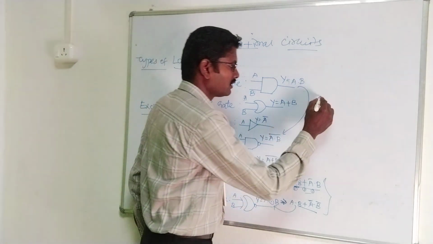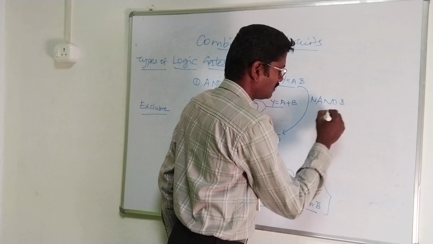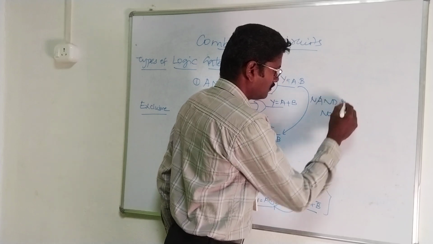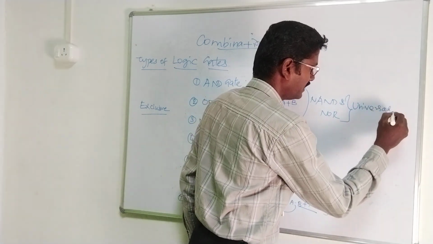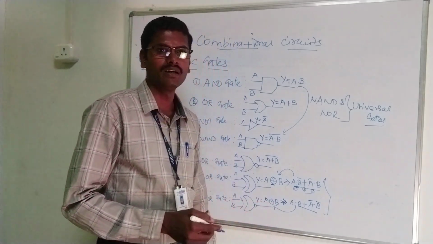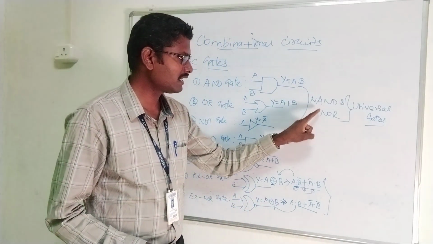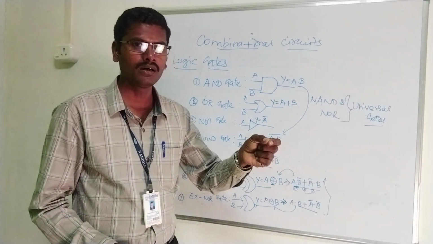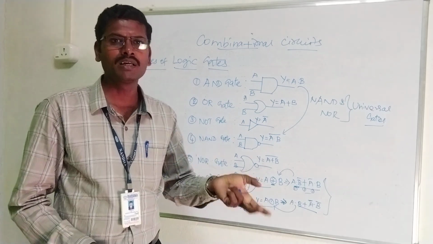So one more thing: NAND gate and NOR gate, these both gates are named universal gates. Why are they named universal gates? Because let us assume that we have only NAND and NOR gates to implement a particular application or to perform arithmetic or logical operations.